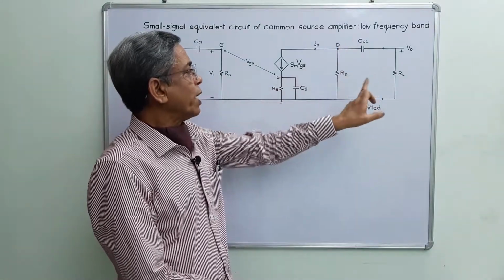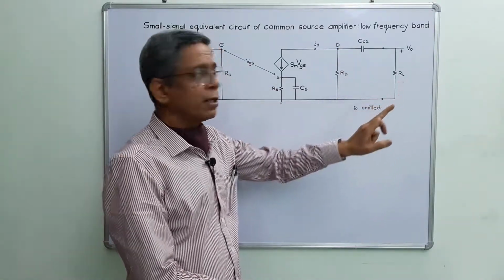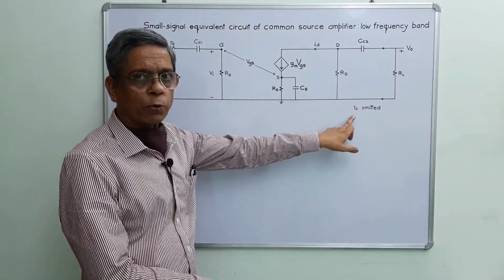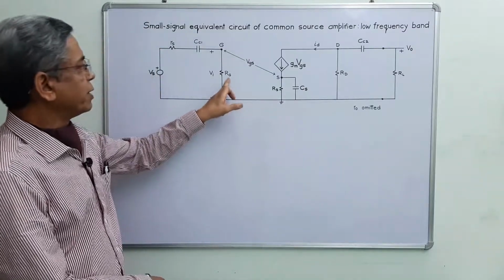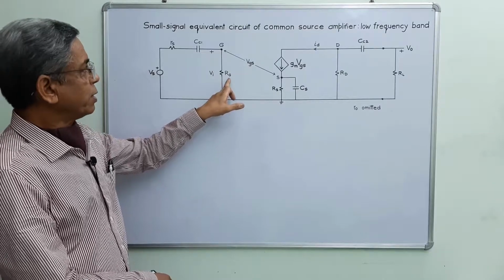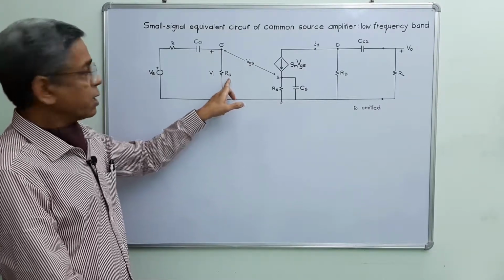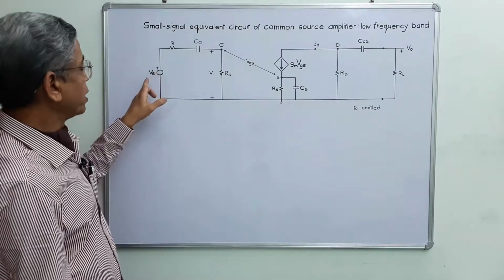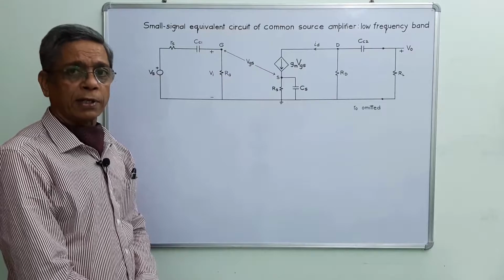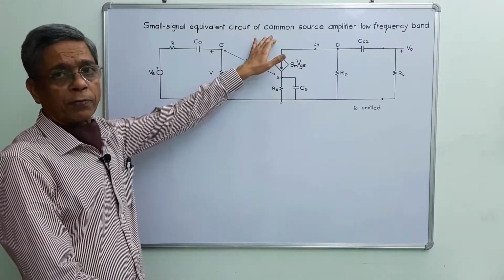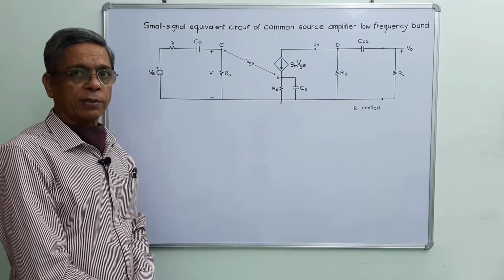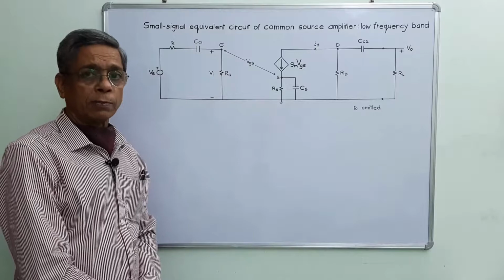This is the drain terminal, this is the drain resistor, and this is the load resistor. While drawing this equivalent circuit, we have omitted R0, the output resistance of the device. This is the biasing resistor, Vi is the input potential difference across biasing resistor RG, this is the source resistor, and this is the input voltage source. On the basis of this small signal equivalent circuit, we will perform S-domain analysis for the derivation of the lower 3 dB frequencies for common source amplifier at low frequency band.